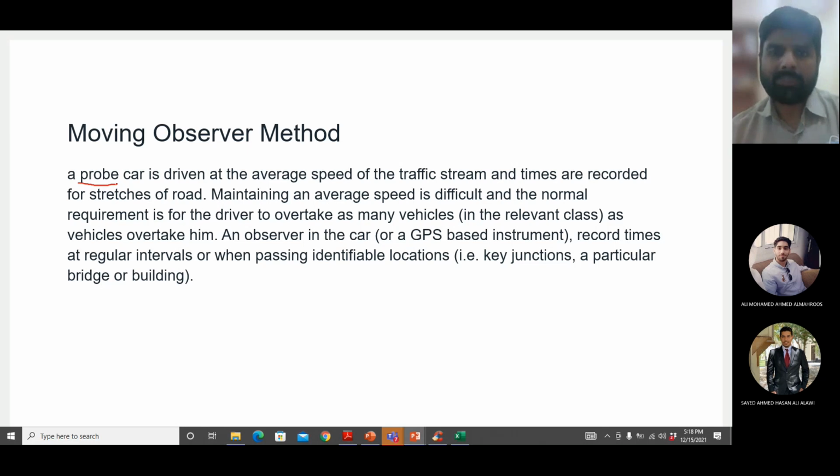To maintain average speed, we make sure that we overtake the same number of vehicles that have overtaken us. And again, the same number doesn't mean that you should overtake the same driver. Find another guy who is lazier than you and you can overtake him easily.